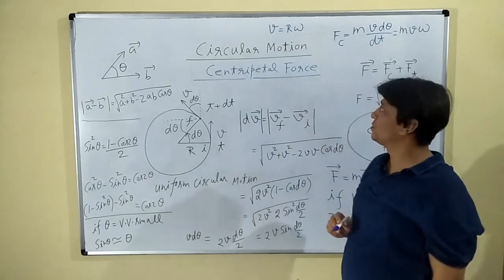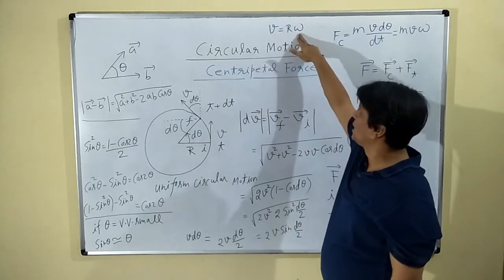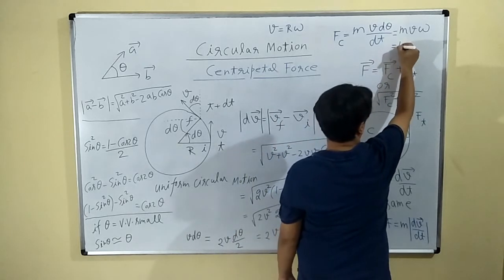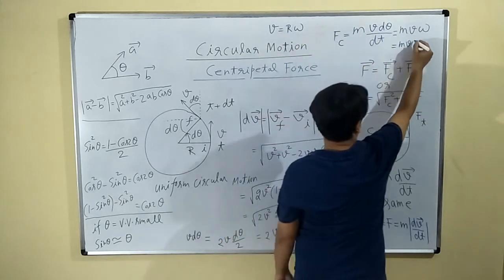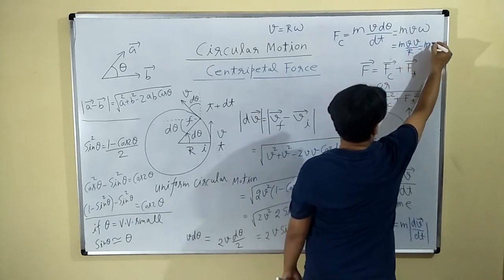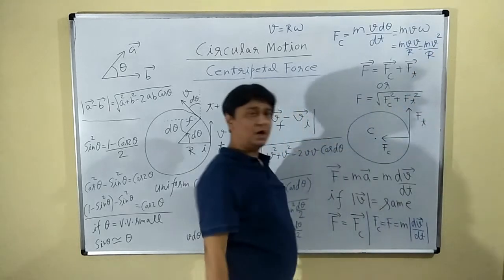V equals r omega. Tangential velocity, angular velocity, and therefore this omega is V divided by r. Ultimately you get mv square upon r.